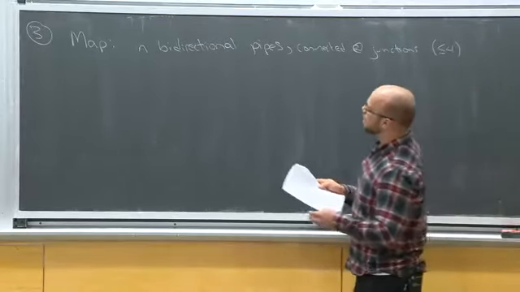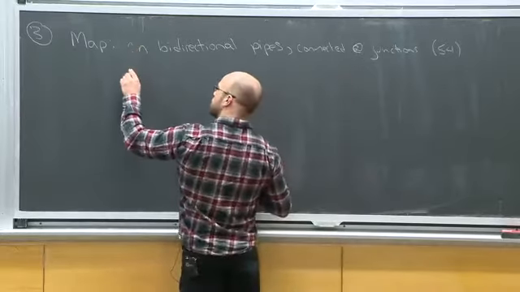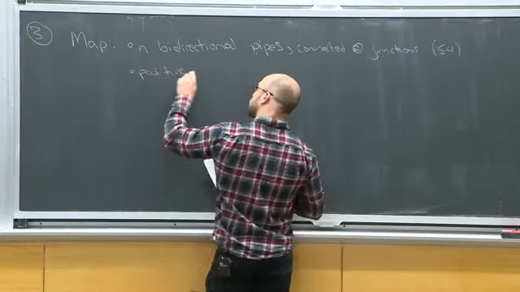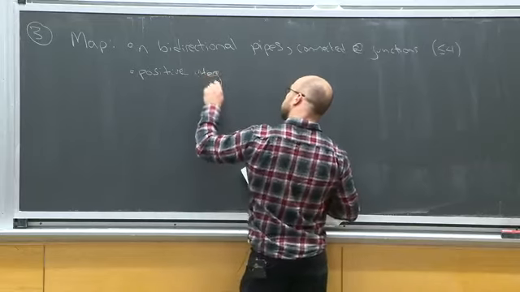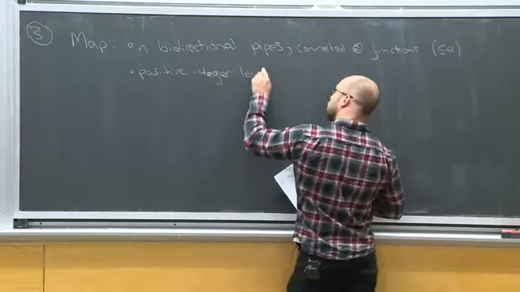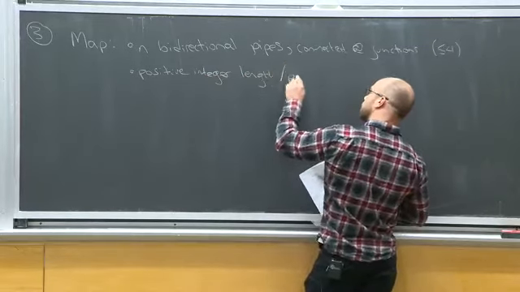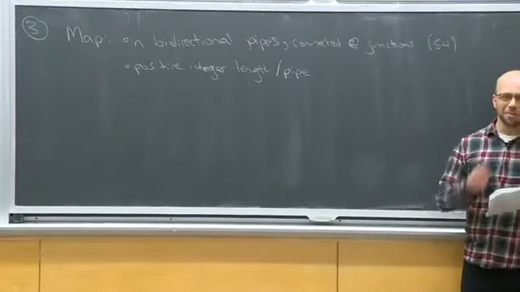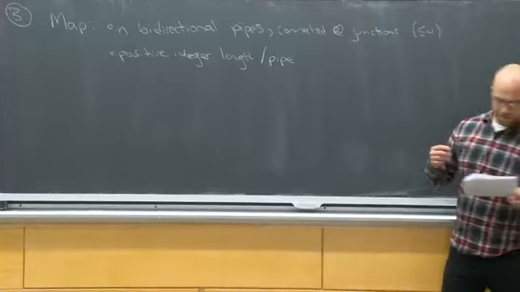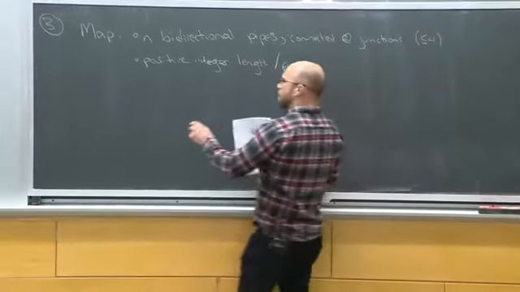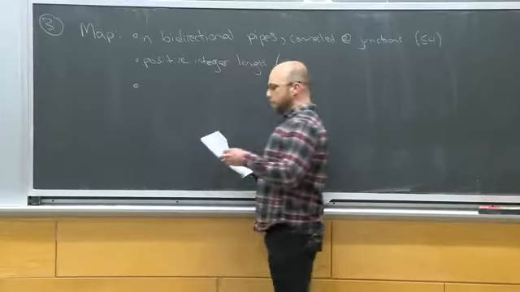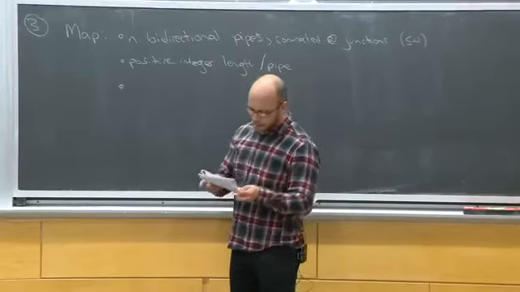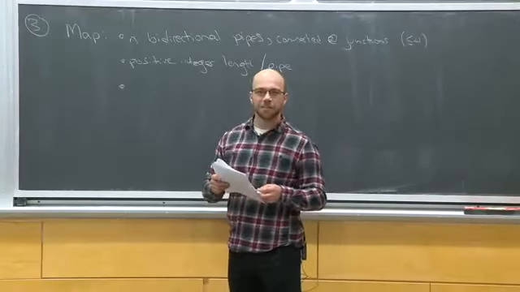In addition to this, we're given a positive integer length for each pipe. So it's starting to smell like a shortest path problem, but is it? That's our question. But just to make things a little bit worse, Katniss Everdeen here is trying to escape through the pipes, and she doesn't want to be detected.